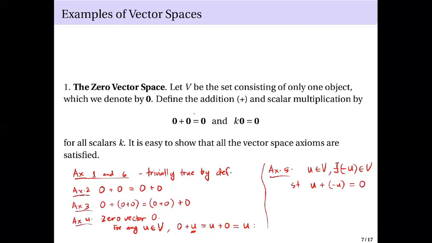But then again, there's only one choice of element. That's just your 0. So you will have 0 plus the negative of 0, which is just your 0.